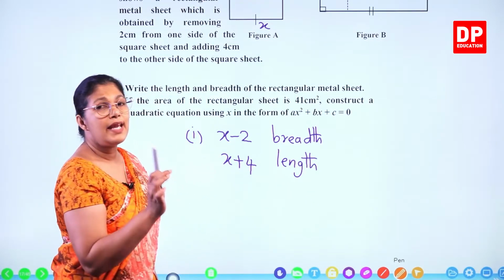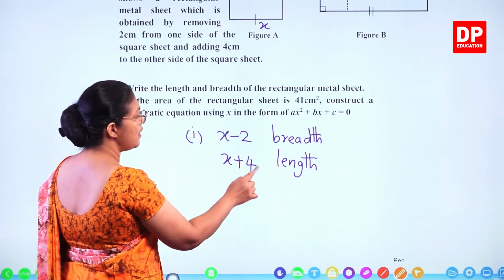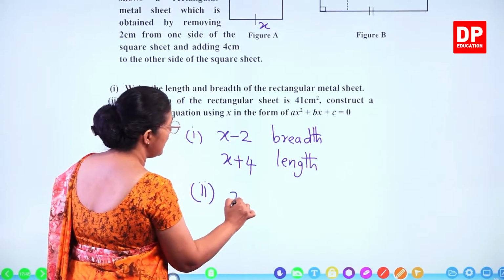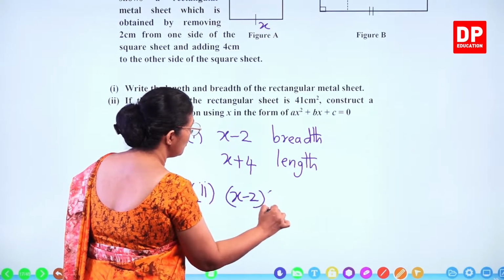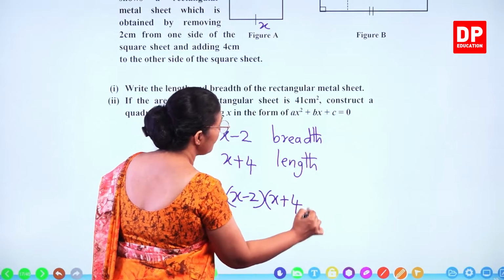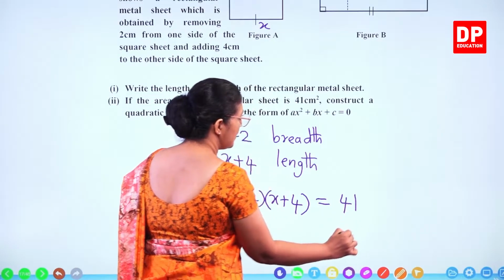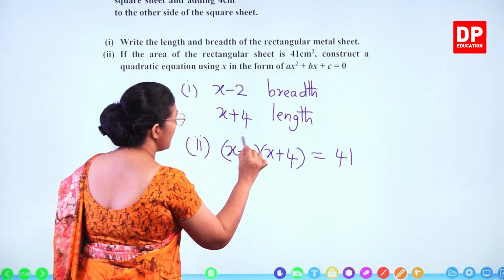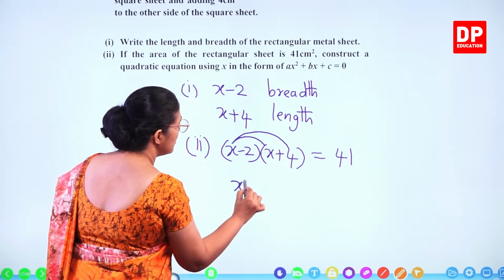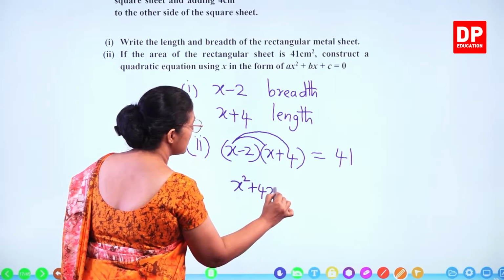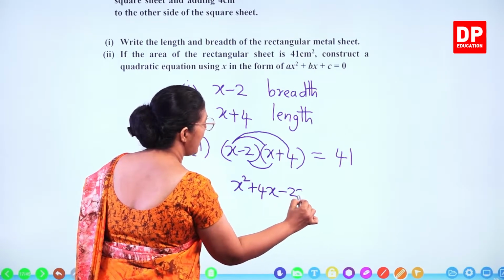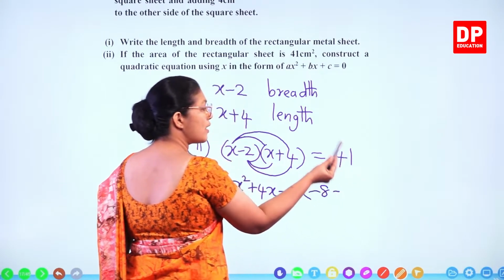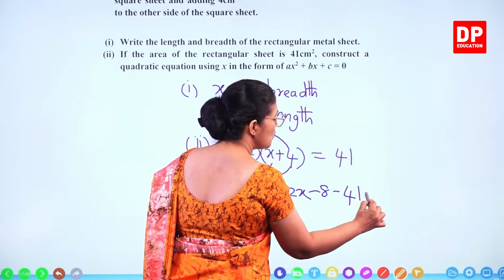So what is the area of the rectangle? If you know the length and breadth, you can multiply. Length into breadth is equal to 41. That's given. Simplify. First expand brackets. You get x squared plus 4x minus 2x and minus 2 into 4 minus 8. And you can take 41 to this side as well.